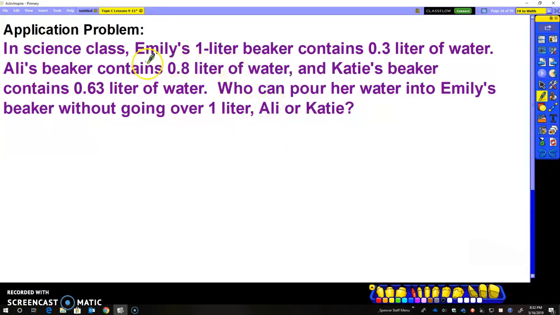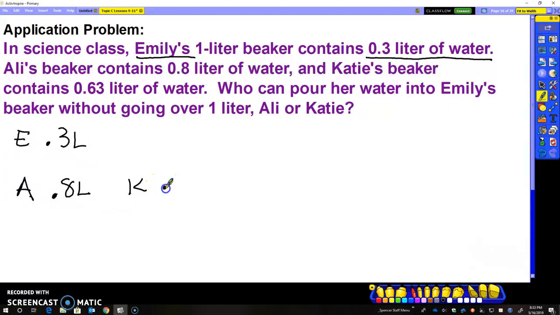Okay, so if we know that Emily's beaker is right now filled with 3/10, so Emily right now has 0.3. Okay, we have to decide. Allie has a beaker that has 0.8 liters, and Katie has a beaker right now that has 63/100 of a liter.